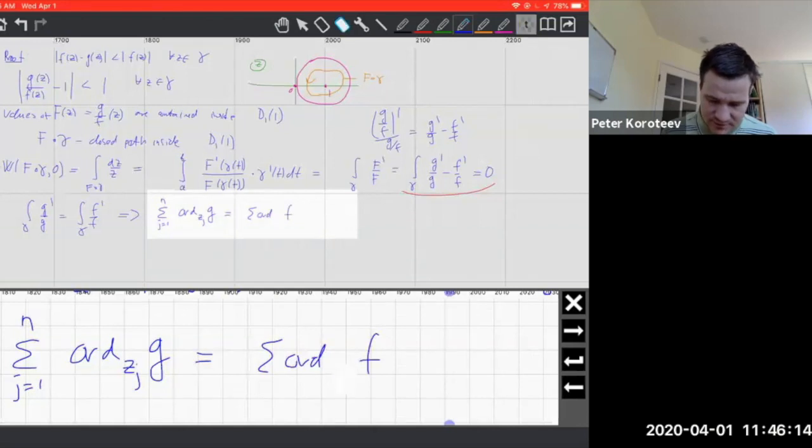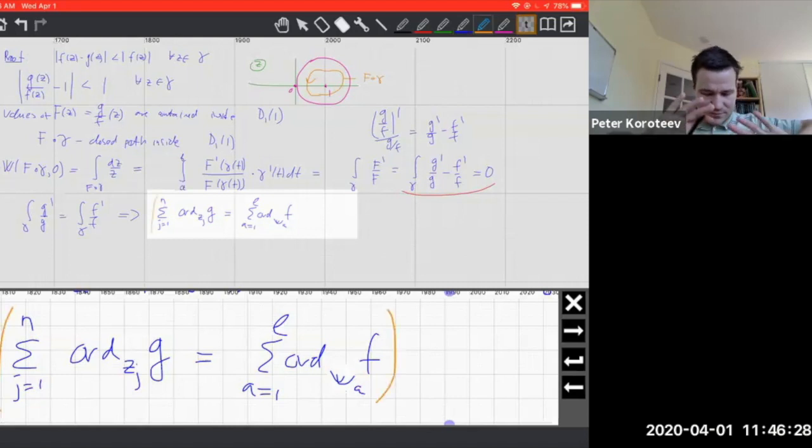Let's call them differently, w_a, a goes from 1 to L. They can be a different number of points, but that means you count them with multiplicities, so the total sum of orders is the same. Yeah, so that's Rouché's theorem.